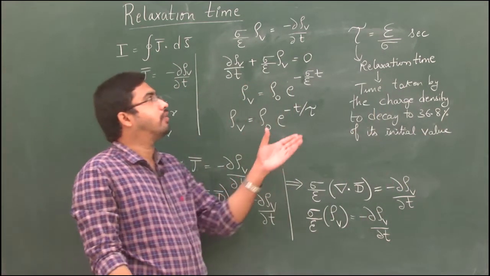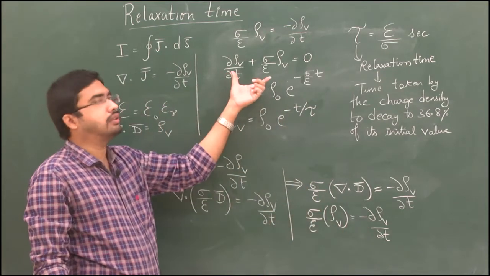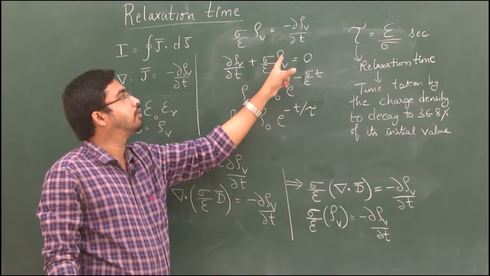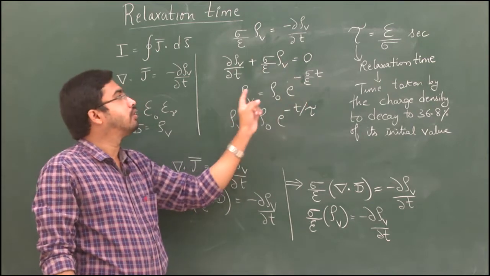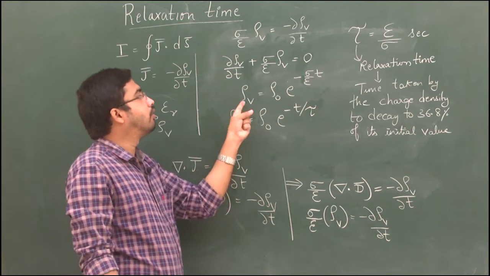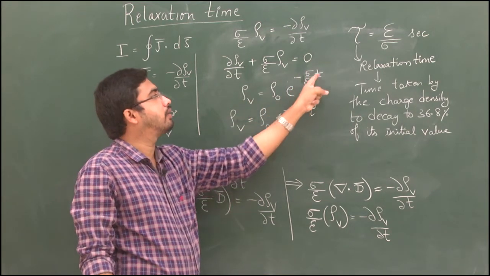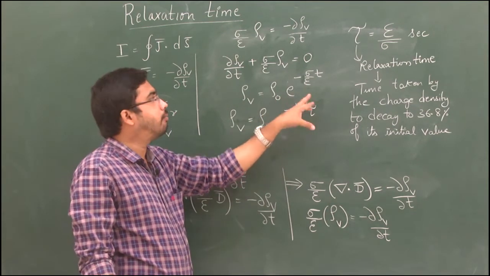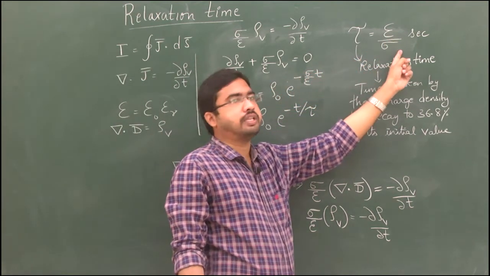Once again, I am revising. You have this first order differential equation: dou rho v by dou t plus sigma by epsilon into rho v. Here the variable quantity is rho v. After finding the solution, we get rho v equal to rho naught into e power minus sigma by epsilon t. Comparing with minus t by tau, tau becomes epsilon by sigma.